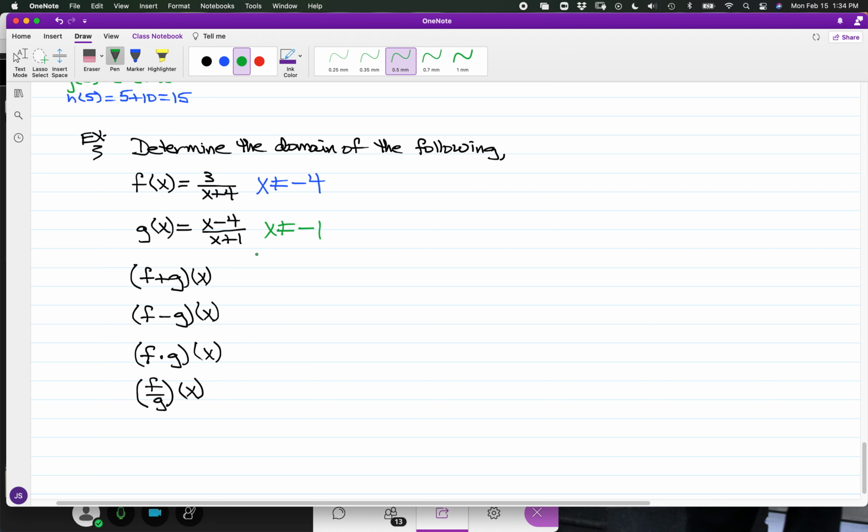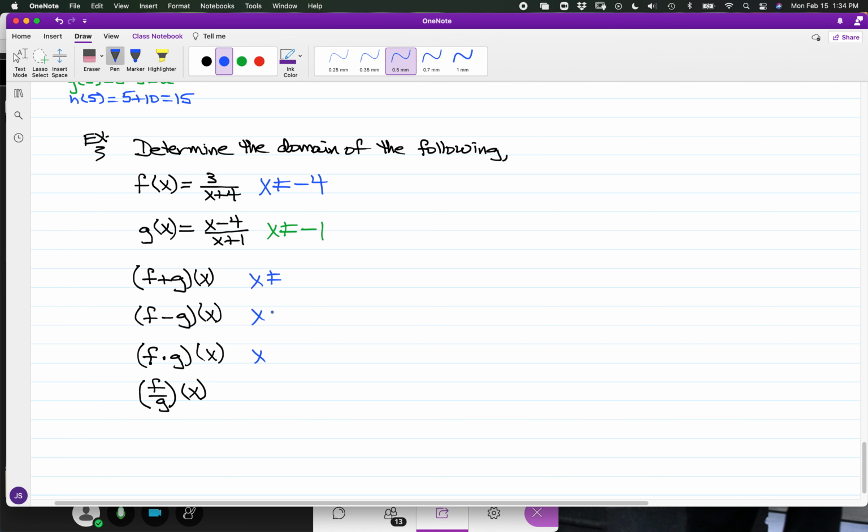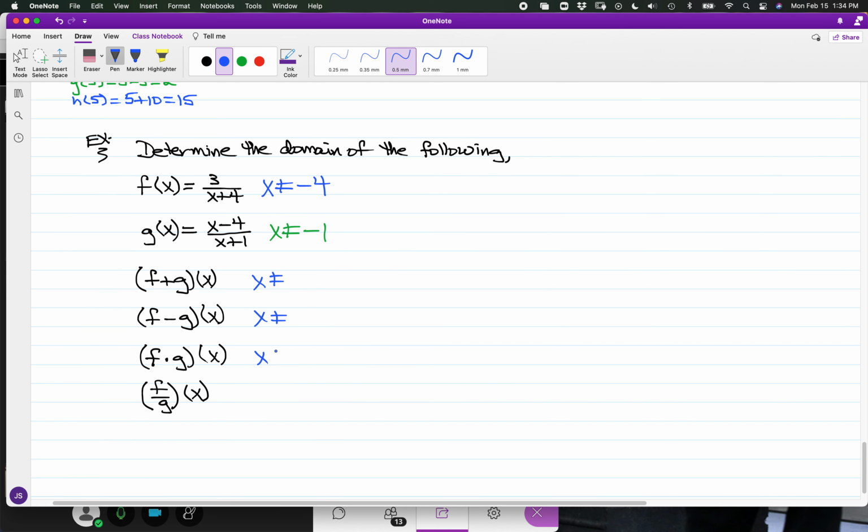Now, for the sum, difference, and product functions, they're going to have the same domain, and we're going to have combinations of restrictions. To be able to work with f of x, x cannot be negative 4. And to be able to work with g of x, x cannot be negative 1.